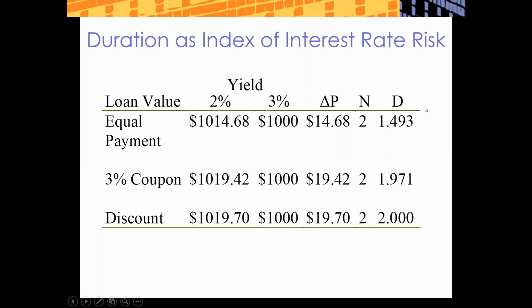The higher the duration, the more change in the price we should expect. So the higher the duration, the more sensitive the bond will be to interest rate changes. This is what it implies.